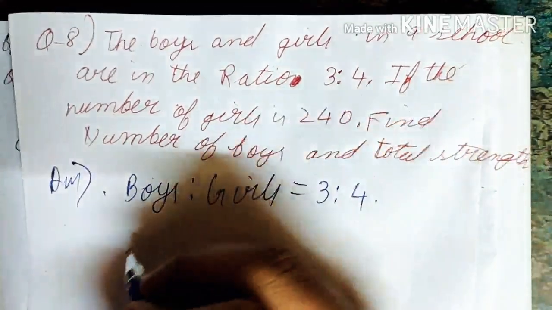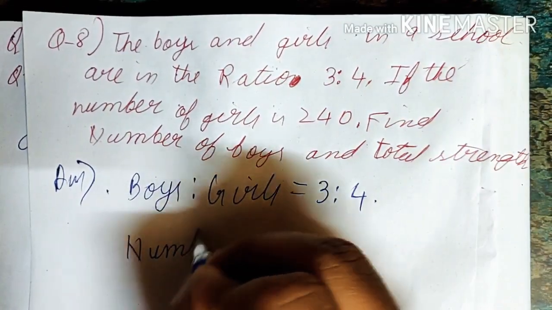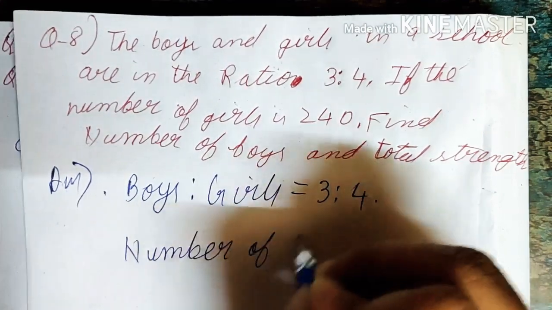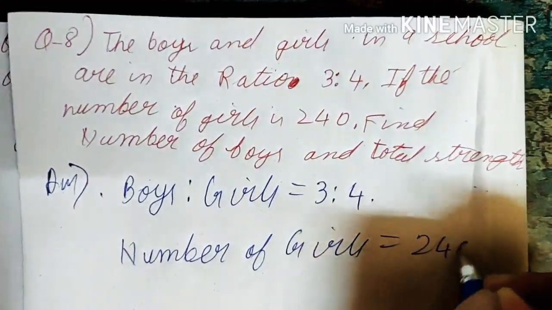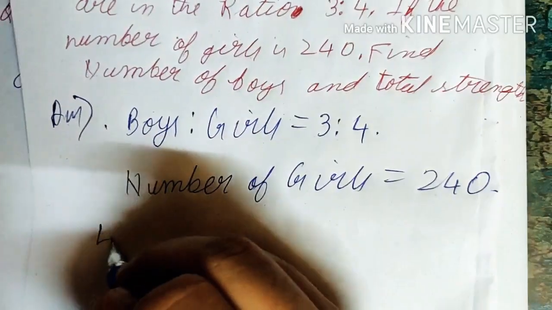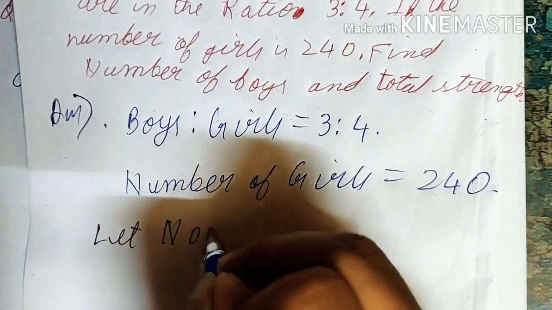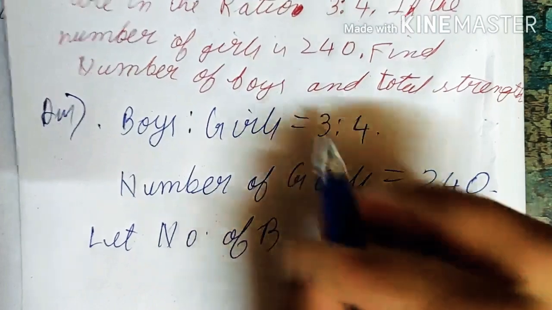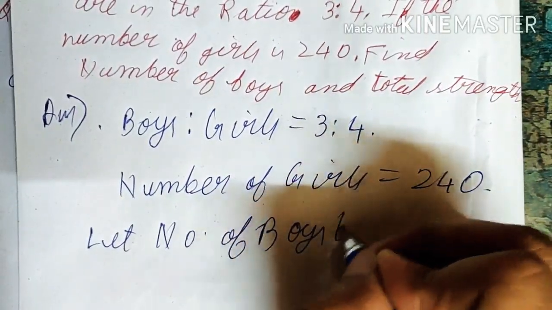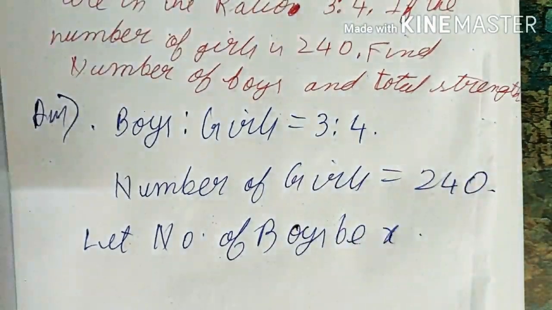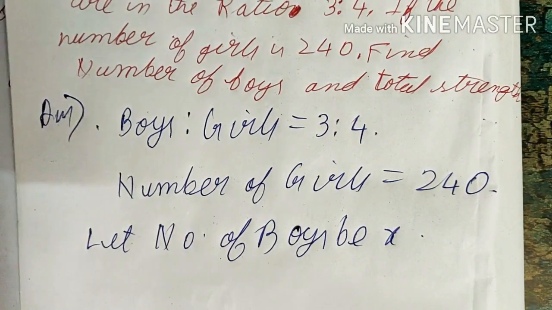Okay, and the number of girls is 240. We have to find the number of boys. So what we will do, we will let the number of boys be x.